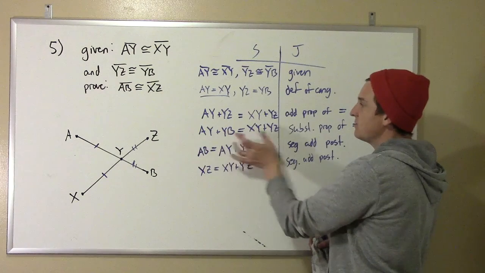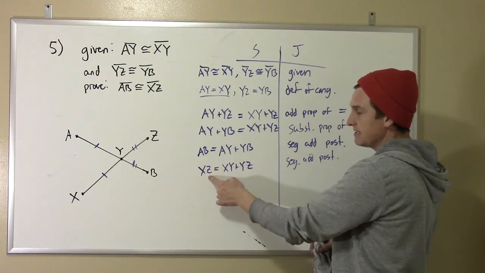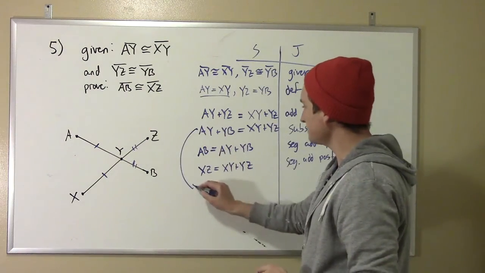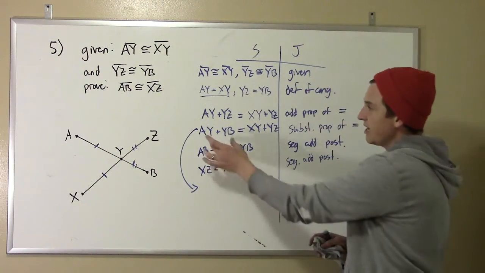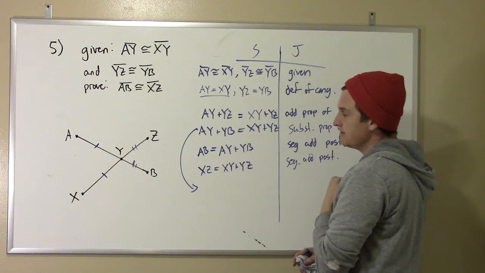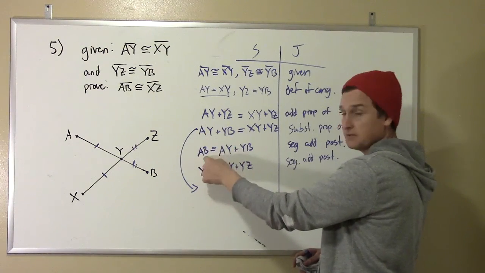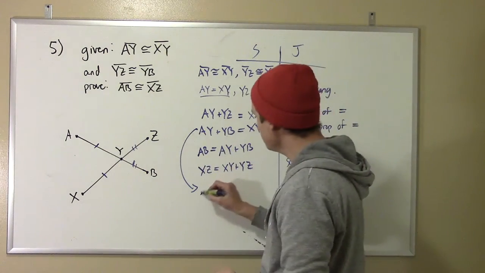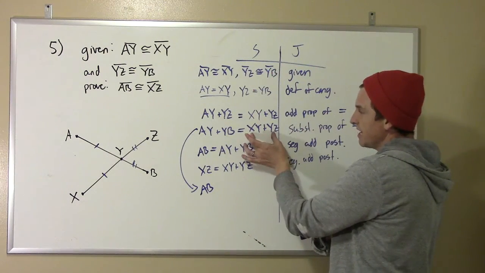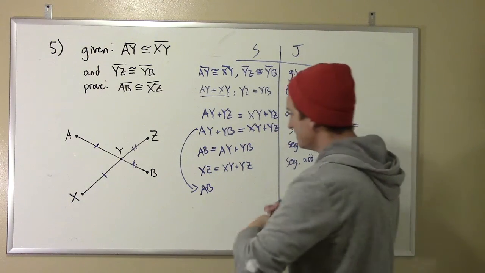AY plus YB equals XY plus YZ, but this stuff is equal to this, and this stuff is equal to this. So what I can do is rewrite this statement, but instead of writing AY plus YB, what am I going to write here? AB, right? Instead of this chunk, I can write what it's equal to, which is AB. Instead of this chunk, I can write what this is equal to. And what is it equal to? XZ.